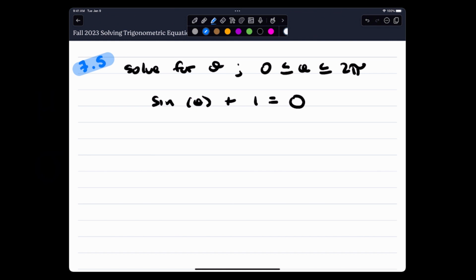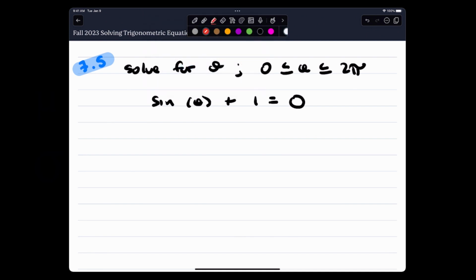Okay, so I want you guys to take a look at what you're seeing here. What you're seeing is what's called a trig equation. And how do we know it's a trig equation? Well, first of all, what does it say?